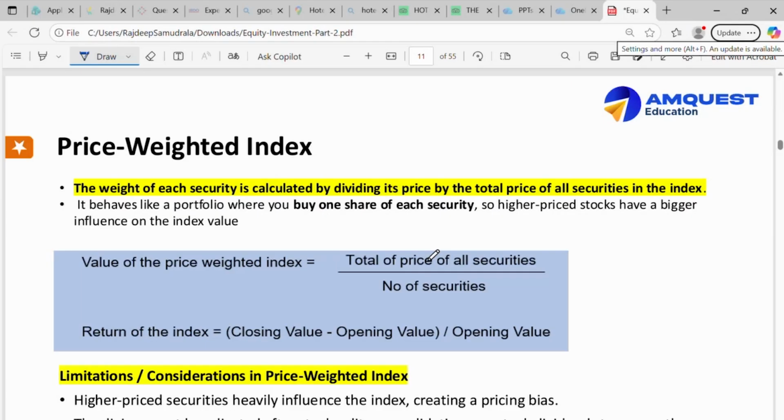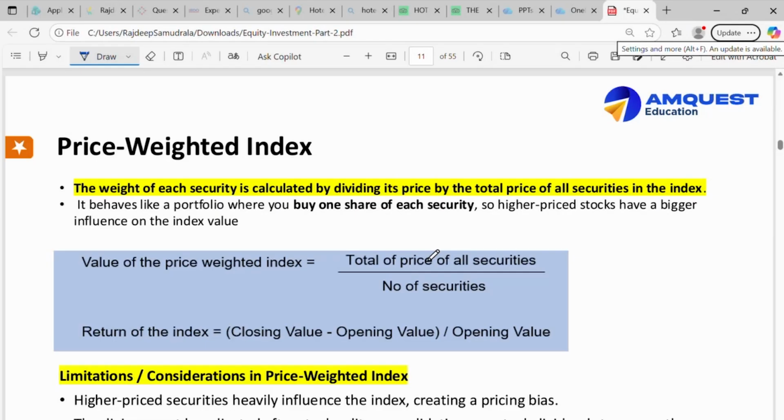Now remember, price is a factor. Let's say I have 10 securities. I will take the price of all 10 securities. Let's say one share is 25, one is 30, one is 500, one is 250, and the total of all these 10 shares comes to around 4,800. I will divide this by 10 and get 480.